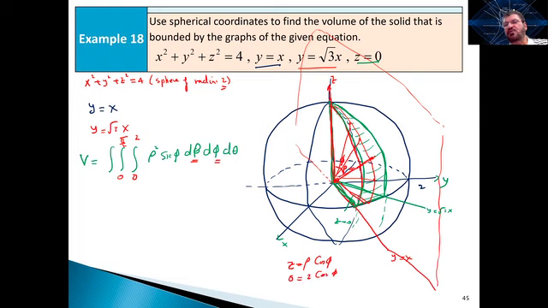So divide by 2, so cosine phi is equal to 0. We know that cosine is equal to 0 when phi is equal to pi over 2. I applied it to this and I got pi over 4. And here it's definitely 0. The start is always 0 up to pi over 4.